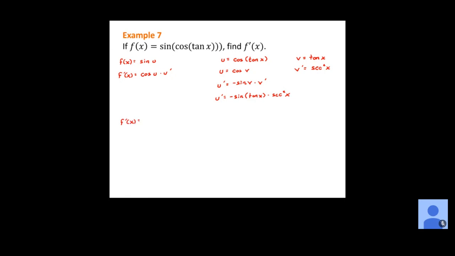So f prime of x is going to be the cosine of the u value, which is cosine of tangent x. And then we're going to multiply that by u prime, which is all this stuff here, negative sine of the tangent x times secant squared x.